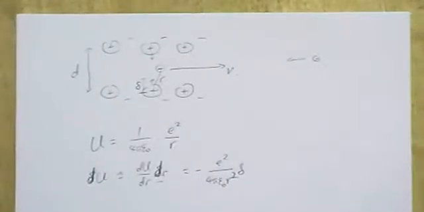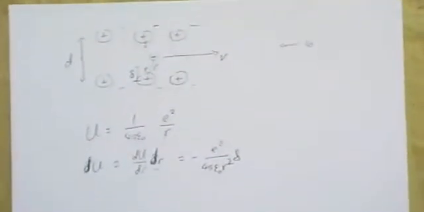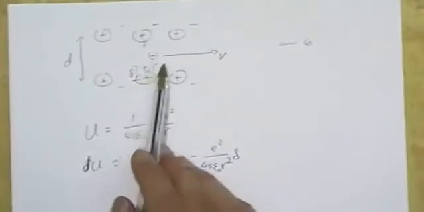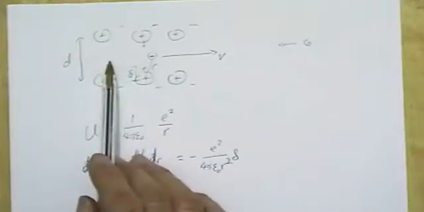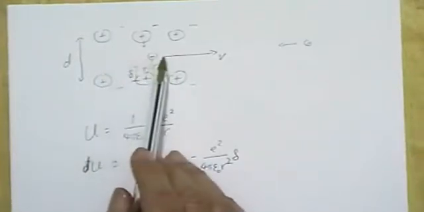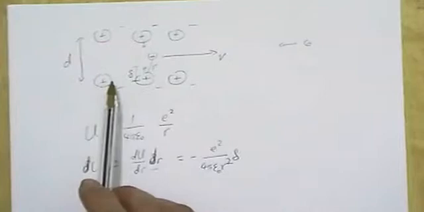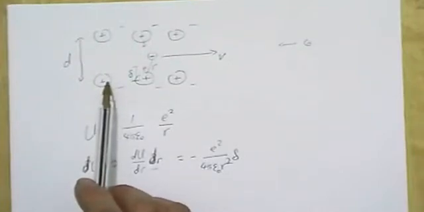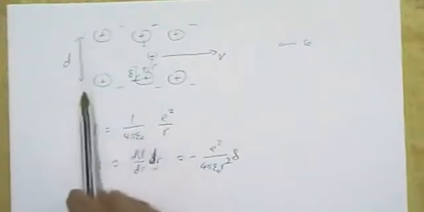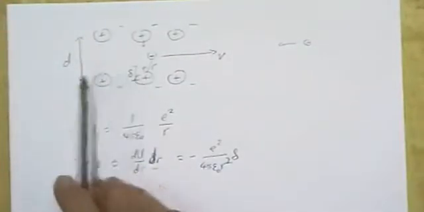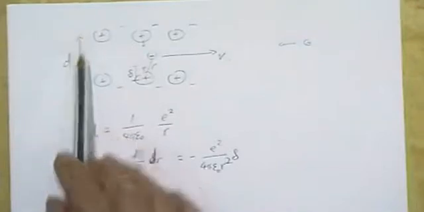Okay, and we're going to say that because the electron would experience this attraction when it is in its neighborhood, we're going to assume a typical neighborhood with a distance of about d.